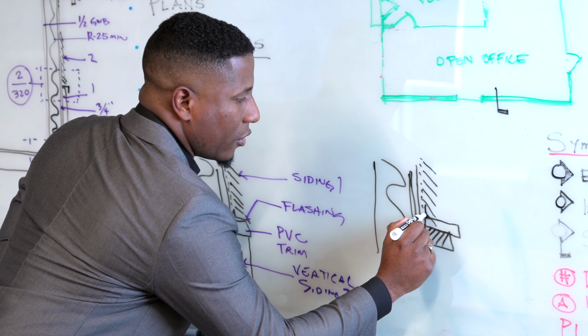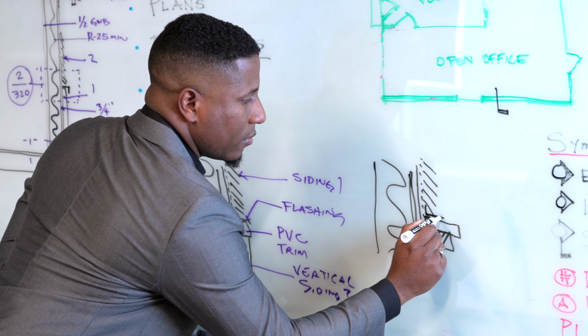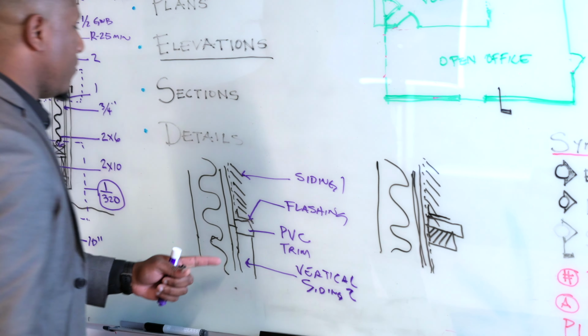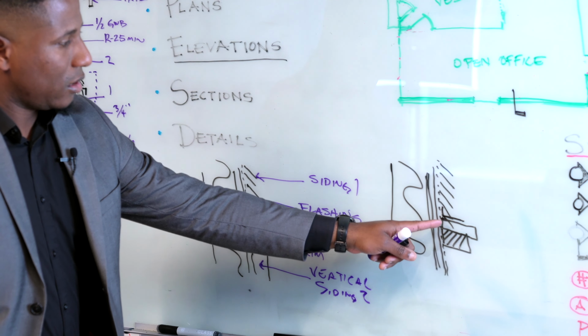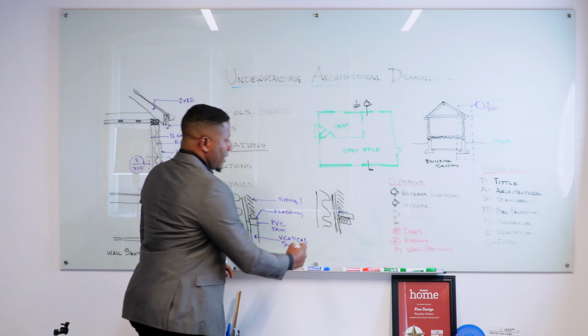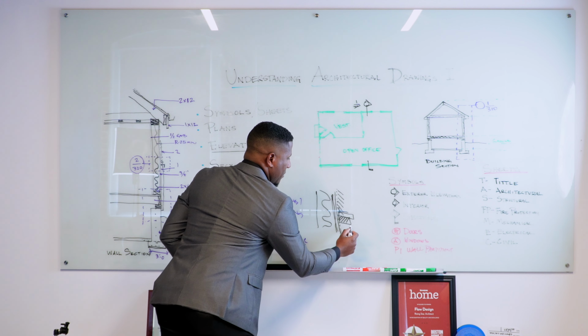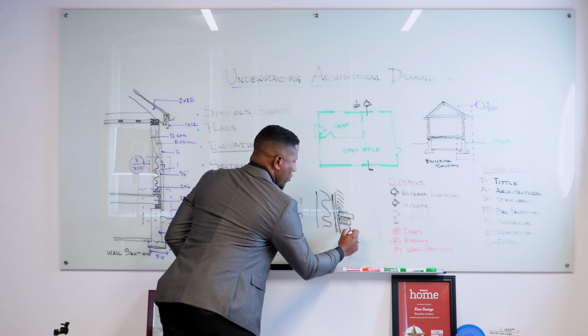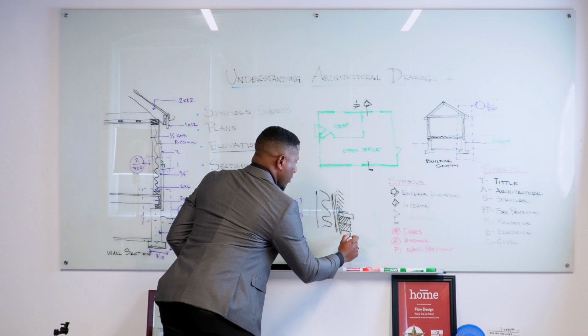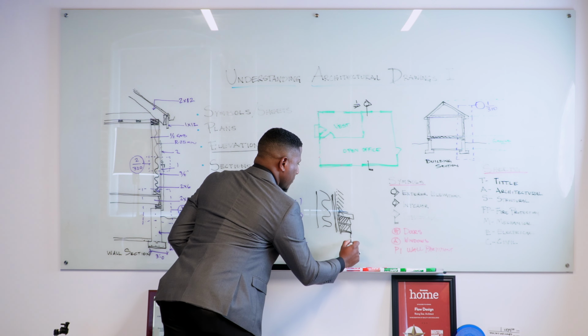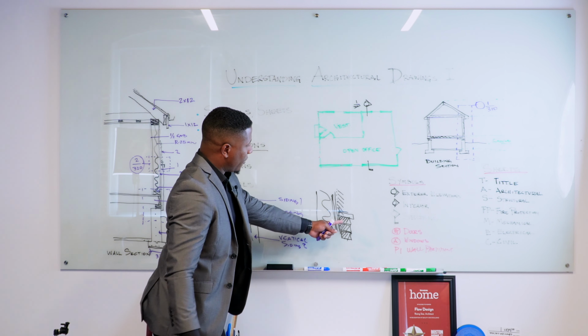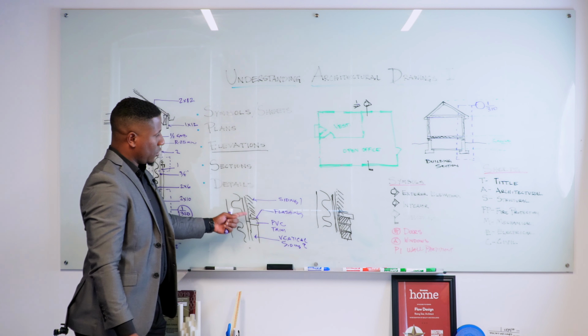But then you have your flashing detail right here. And then you have that cap there made of stone, but then you have your veneer brick attached there. And you can see how different this detail is compared to this one.